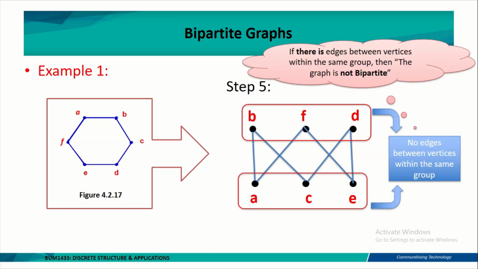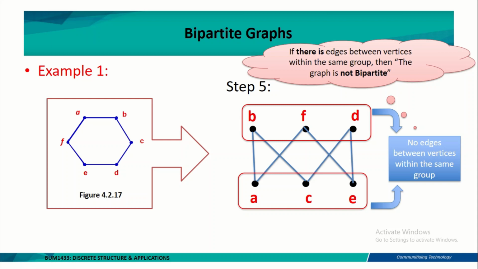Each edge connects vertices of two different sets and there are no edges between vertices within the same group. There are no edges connecting the vertices within it. So it means that this graph is a bipartite graph.